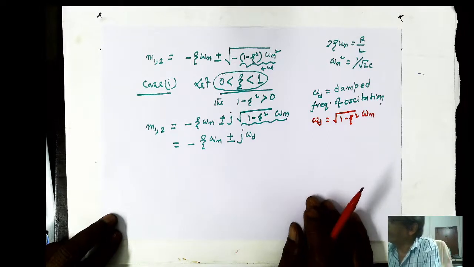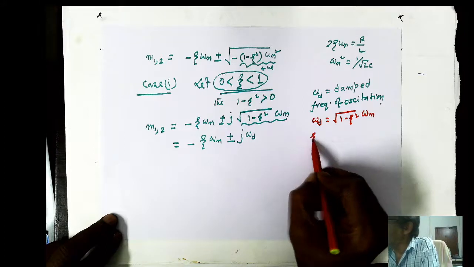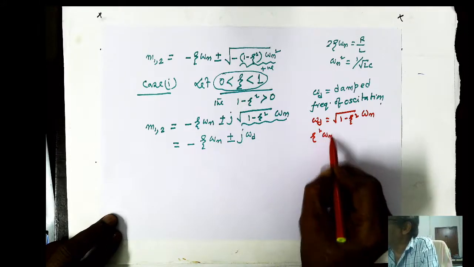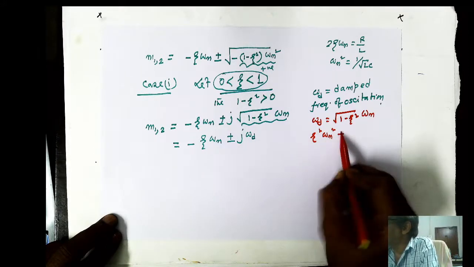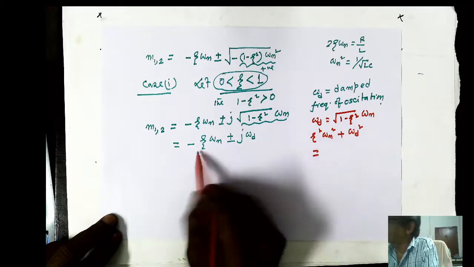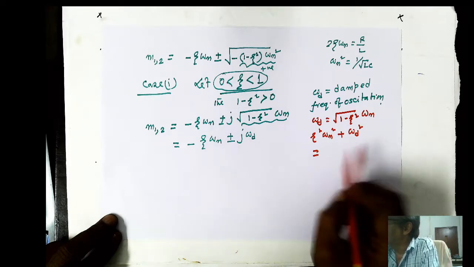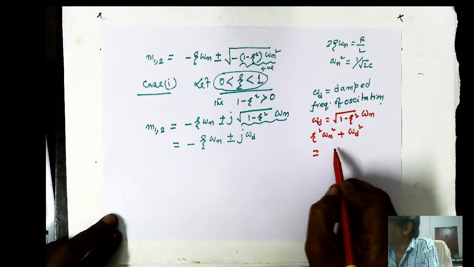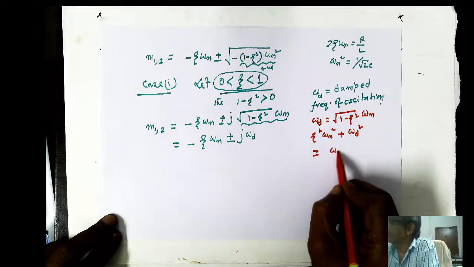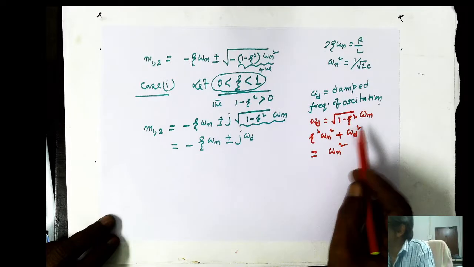Now one thing you note here, zeta square omega n square plus omega d square, if you sum these two, this square plus this square, it will become omega n square. Clear? Because in omega d square, the zeta square omega n square will cancel out.